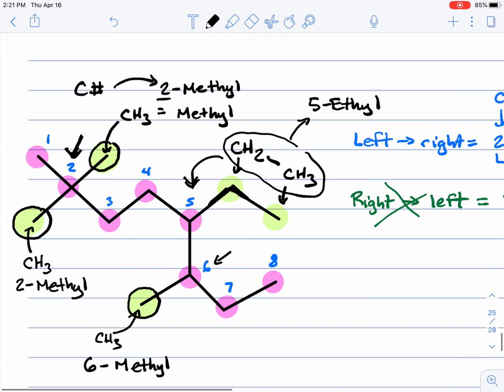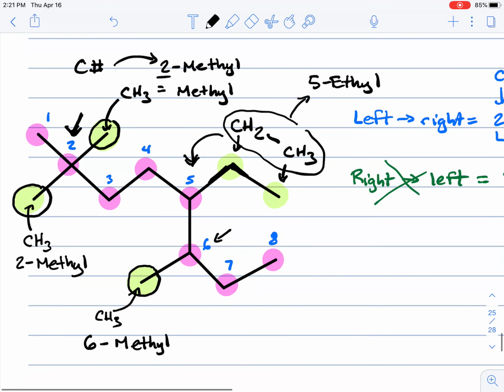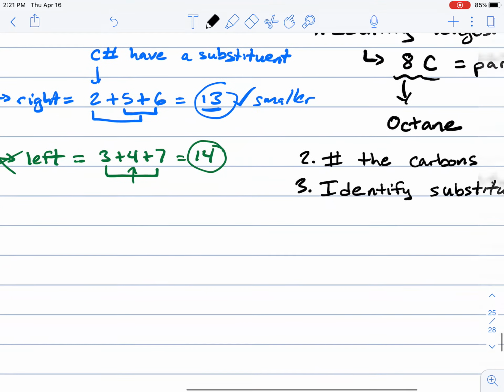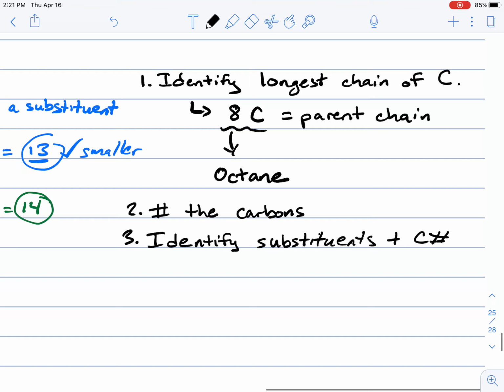Okay. All right, so now that we've identified our substituents, what we're going to do is put the pieces together, right? And so the next step is name the compound or molecule.